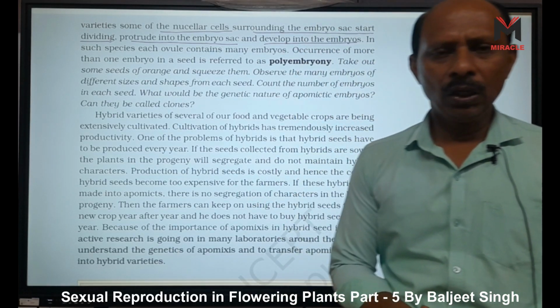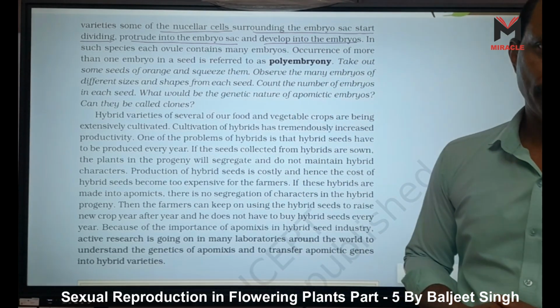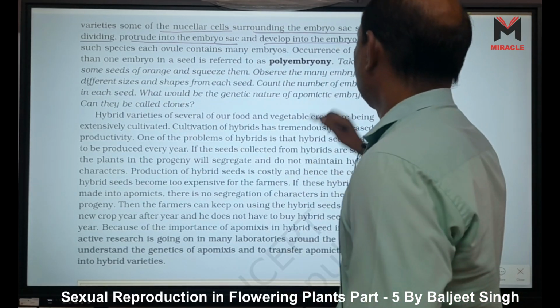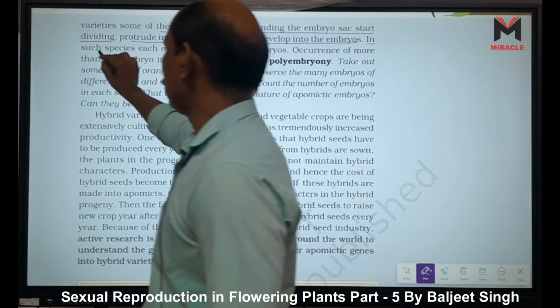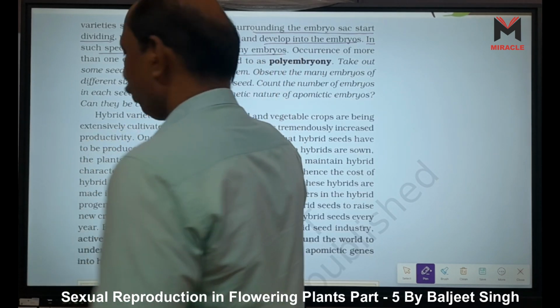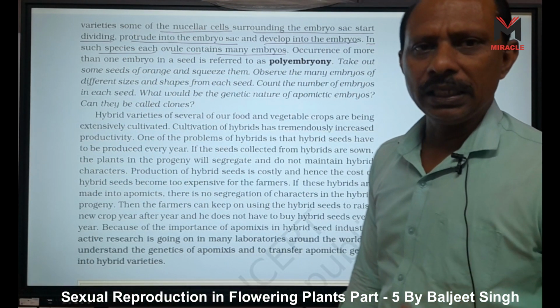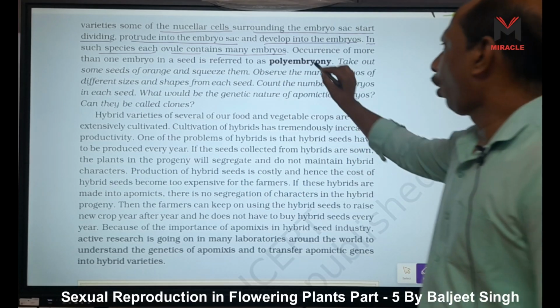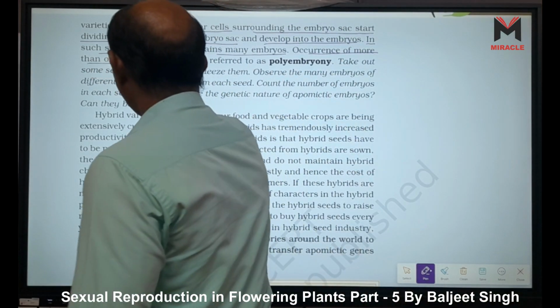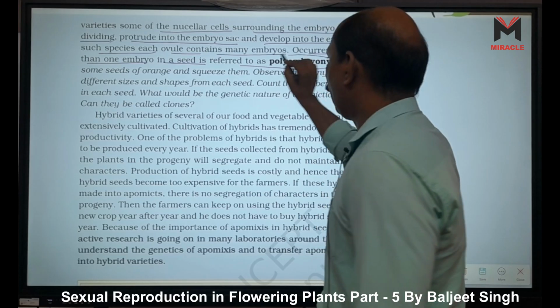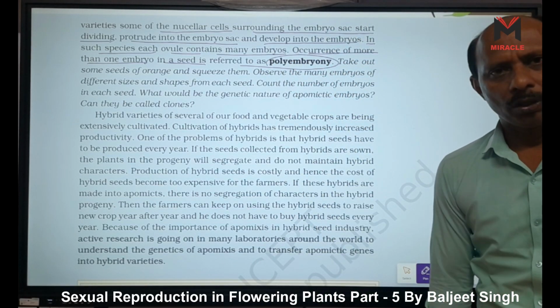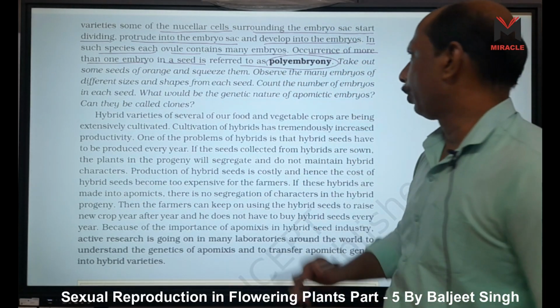Now here more embryos are formed. More embryos means polyembryony occurs. In such species, each ovule, each seed, contains many embryos. Occurrence of more than one embryo in a seed is referred to as polyembryony.